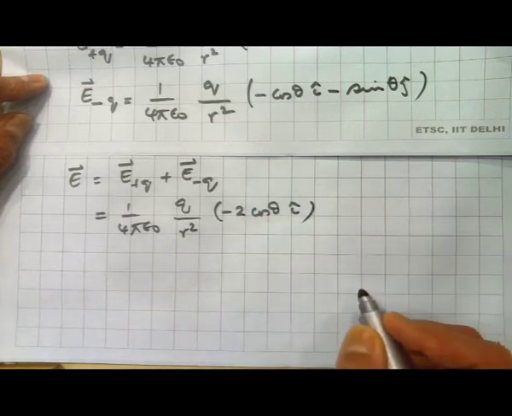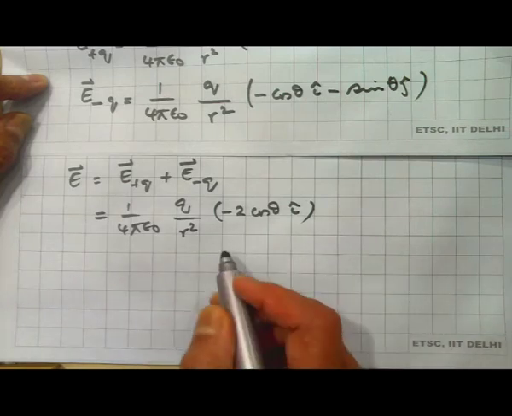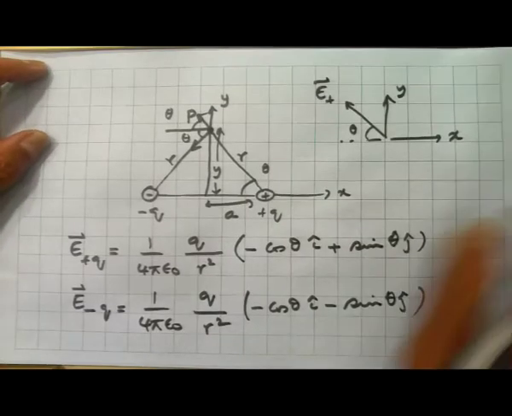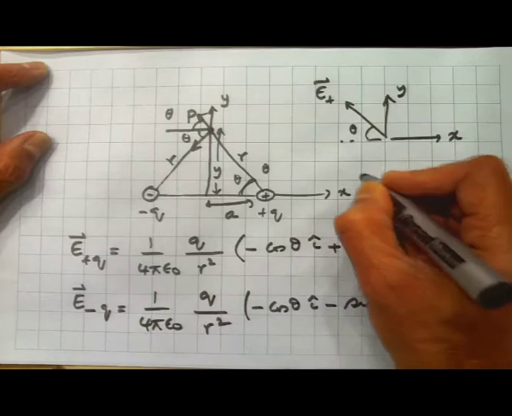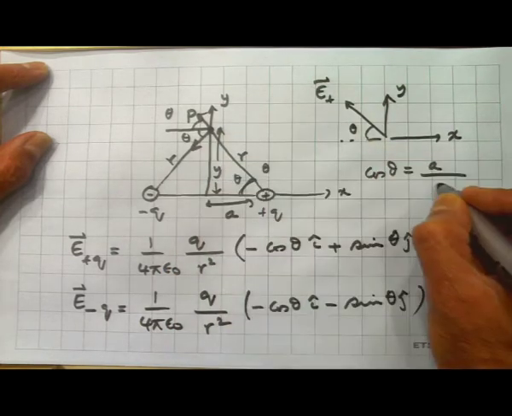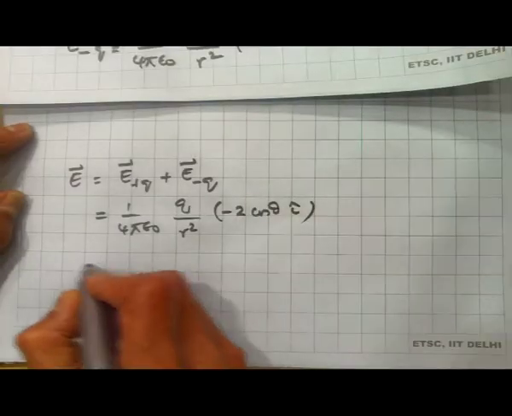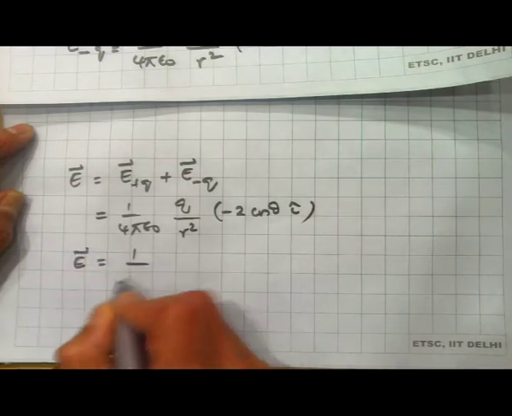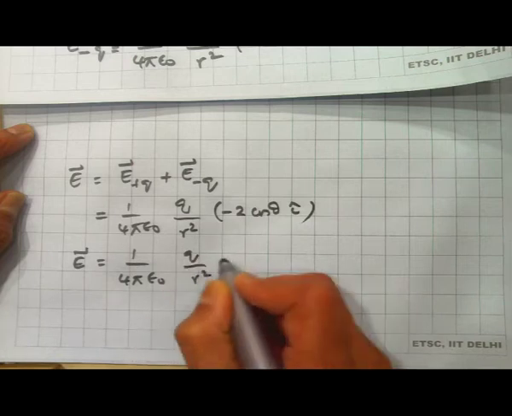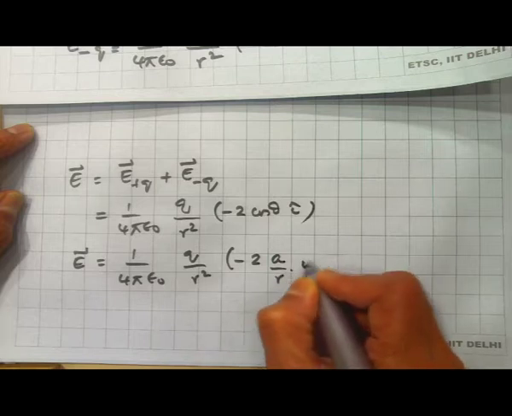The j cap component cancels off, and I am left with an i cap component only, which is minus 2 cos theta. Now, I want to express theta in terms of the distances. So, if you go back to this figure and see, this is theta. So, cos theta is equal to a by r. So, I have essentially E is equal to 1 by 4 pi epsilon 0 q by r square into minus 2 cos theta, which is a by r, into i cap.